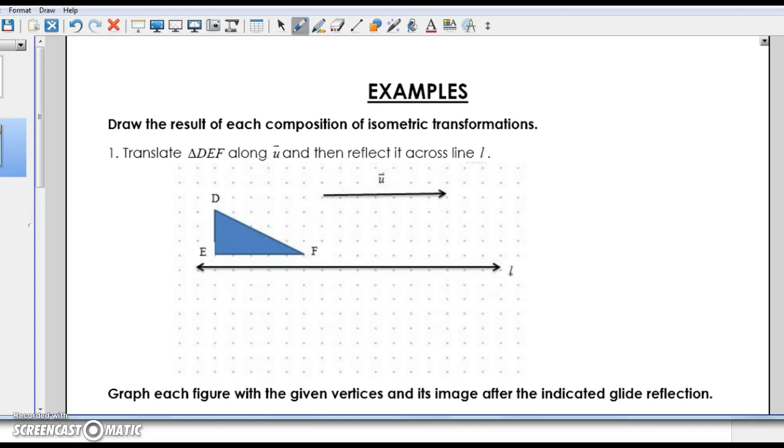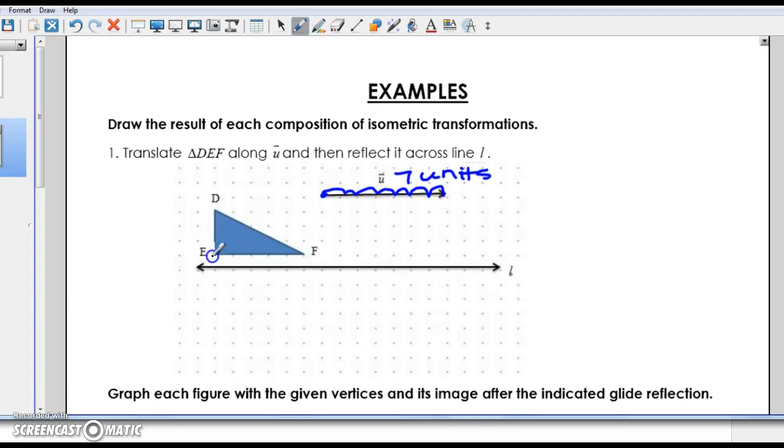Just like on a graph, if I had a horizontal line, I could count the units. So I start here at my starting point, don't count the points, count the distance. I would count 1, 2, 3, 4, 5, 6, 7. So vector U is 7 units long.